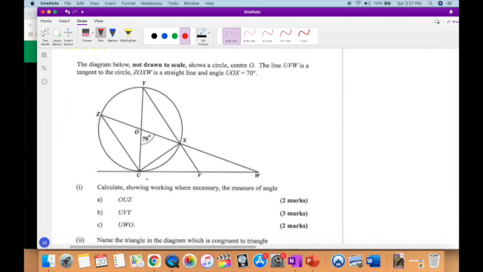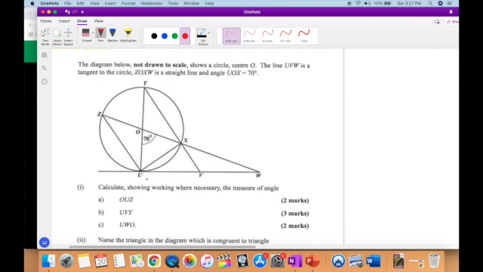So the diagram below, which is not drawn to scale, shows a circle with center O. So I guess that there is center O. And you notice I'm reading the question in pieces. The line UVW. So let me see, where's the line UVW? That is this line, UVW, right? Is a tangent to the circle. All right, I could see that. Okay. So that line UVW is a tangent to the circle.